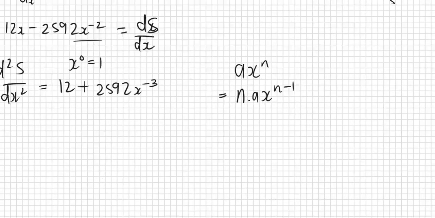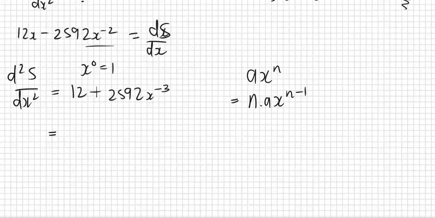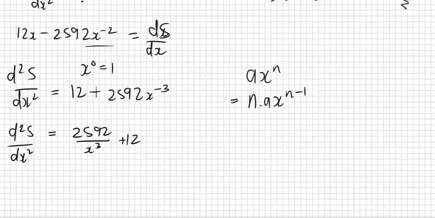We put that as a positive exponent. We have 2592 over x cubed plus 12 as our d squared s over dx squared. That's the first part of question D.